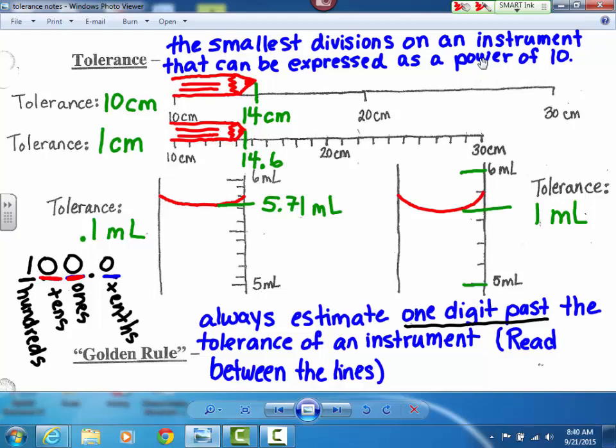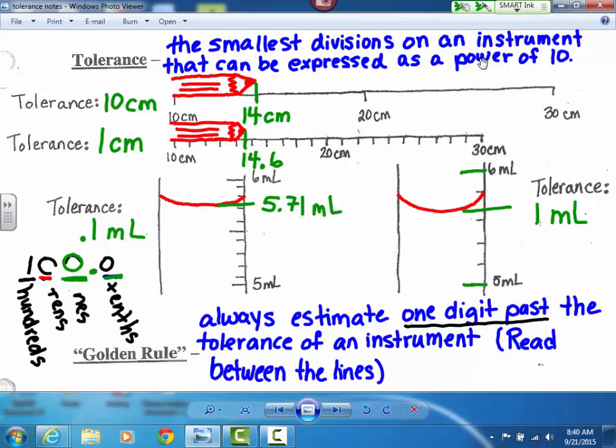Now if you look at this last one that we still have to finish, where's the tolerance? What place? The ones. We should estimate to the tenths, but no further.